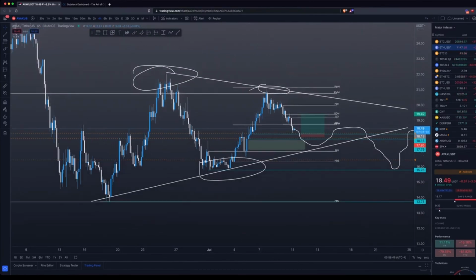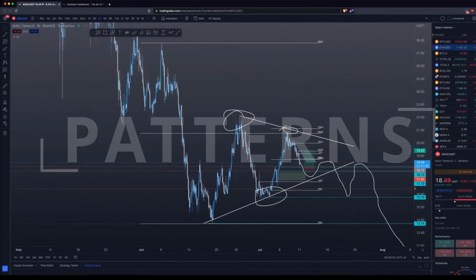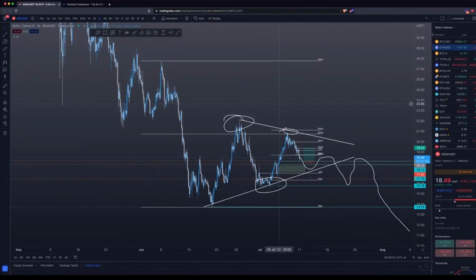Then the second thing that I generally look for is any type of pattern. I don't really use patterns anymore, but as a market scanning tool, this is great because there are so many coins out there, and the easiest way to look through a bunch of coins and determine if it's worth spending 5 minutes of your time to see if there's a trade possible is patterns.